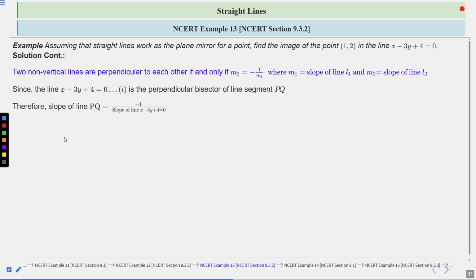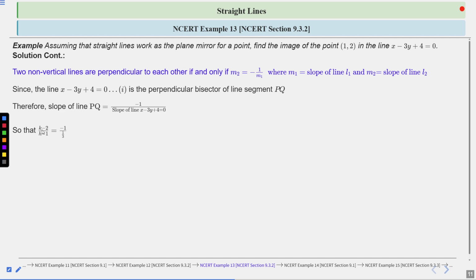So what is the slope of PQ now? Therefore the slope of the line PQ is basically -1 over the slope of the line x minus 3y plus 4 equal to 0. So the slope of the line PQ is nothing but the negative reciprocal of the slope of the line x minus 3y plus 4 equal to 0.